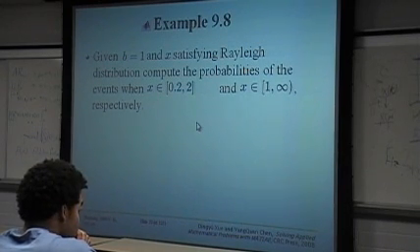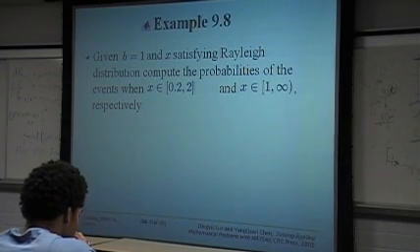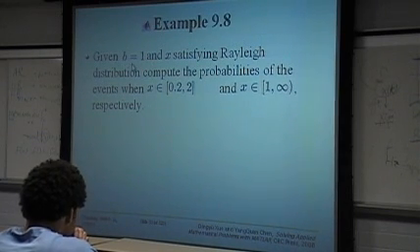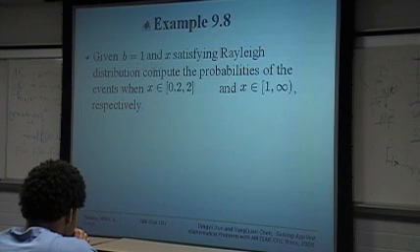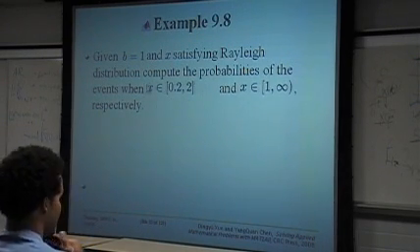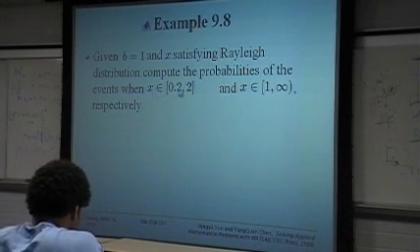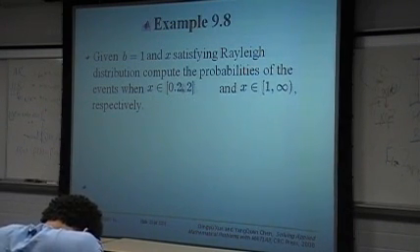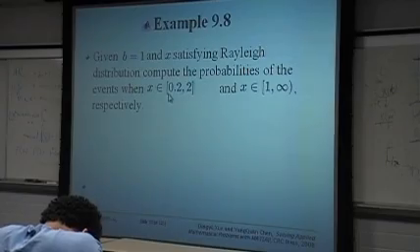And here is an example. Suppose there is a Rayleigh distribution with a parameter b equals 2. Then we need to find the probability of x falling in this interval.